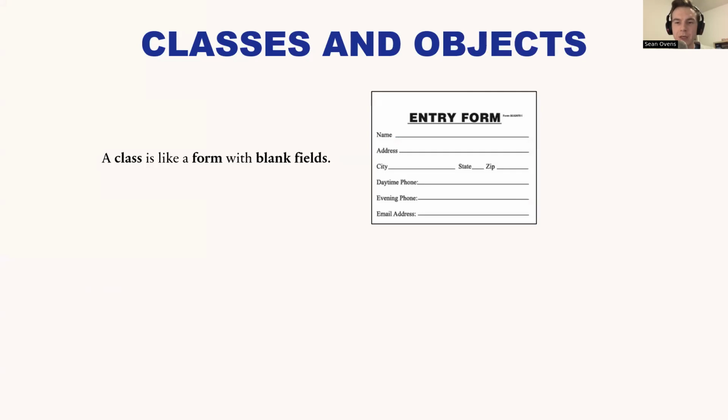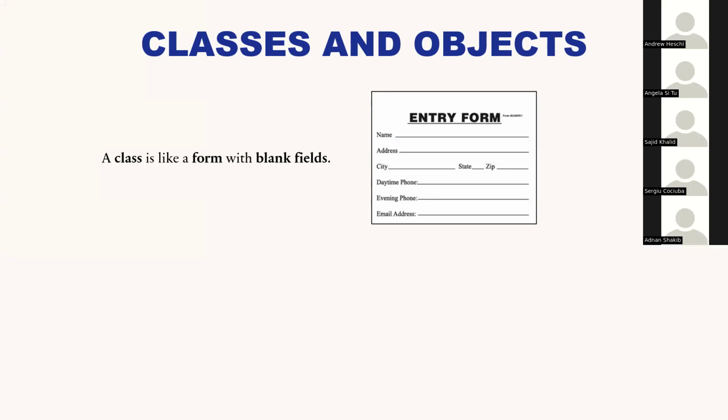There's a bunch of different kinds of analogies that people use when they're trying to explain the concepts of classes versus objects. The one that I found most illuminating, for me at least, when I was first learning object-oriented programming was this. A class is like a form with a bunch of blank fields on it. Imagine a rental application form or maybe a registration form for a website.